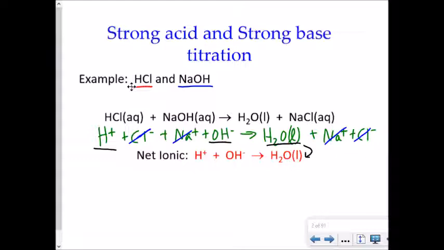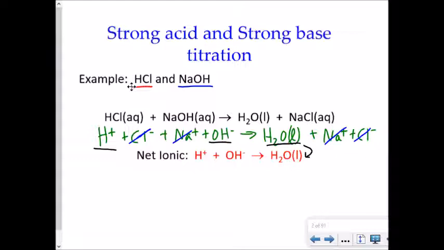So the green step, where I drew in the green there, that's the complete ionic, where you break everything up into its ions. You leave solids and liquids and gases together, of course. Anything aq, though, that's soluble or that breaks apart or ionizes like the acid does and the base does, you would separate them. And remember, strong acids and strong bases completely dissociate or completely ionize, so they're always going to separate.